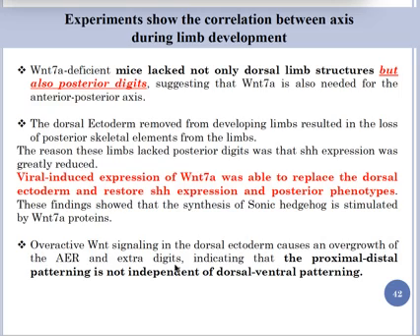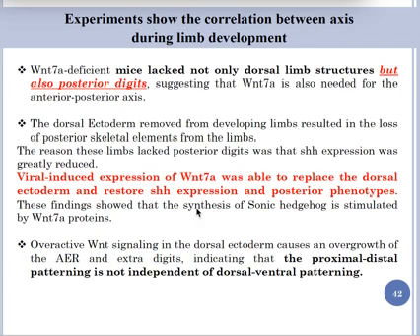In a third experiment, they have seen that when we overexpress Wnt in the dorsal ectoderm, this causes an overgrowth of the AER and extra digits can appear. So what does it mean? It means that the proximal-distal patterning, controlled by the AER, is not independent from the dorsal-ventral patterning controlled by Wnt. So there is a correlation between the dorsal-ventral axis and the proximal-distal axis.